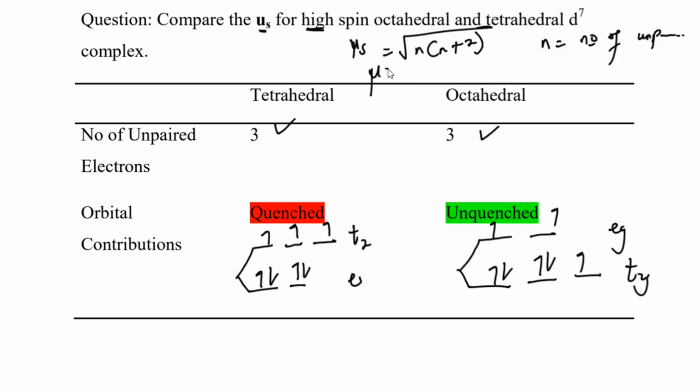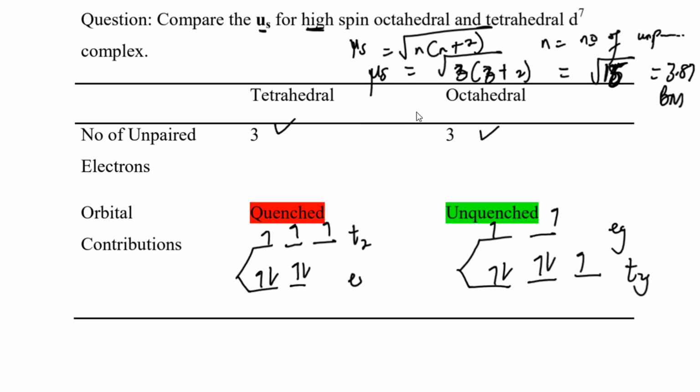So the spin-only magnetic moment ordinarily should have been root 3 into bracket 3 plus 2, right? So basically this should give us 15, right? So we expect this to be 15, and so root 15 is going to be 3.87, right? Bohr magneton. So we expect the two should have the same spin magnetic moment, right?